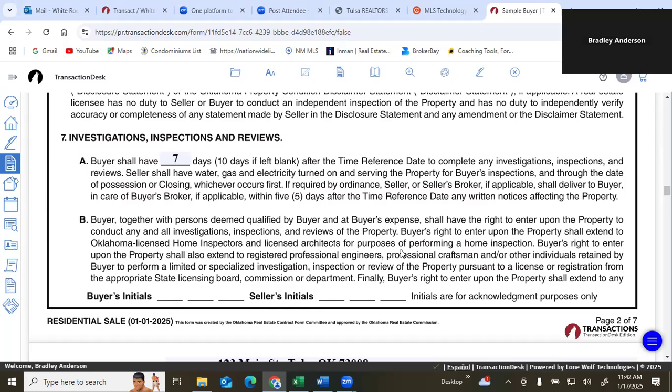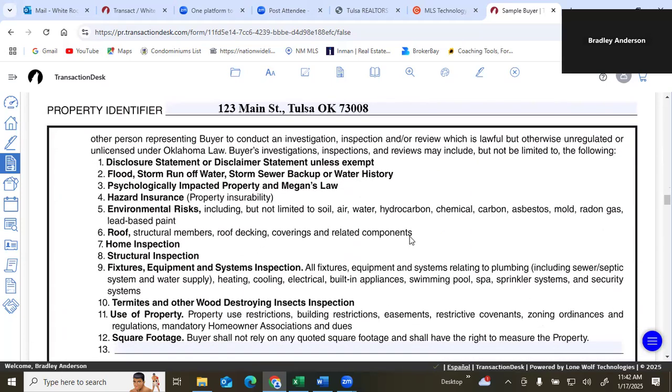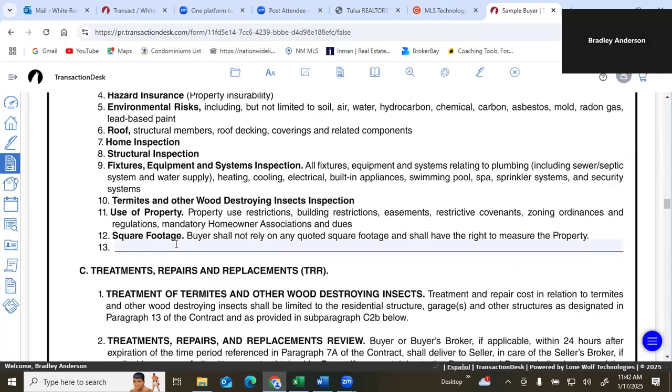It could be a roofer. Anybody that has expertise in rendering an opinion about the property. All right. And these are the examples of who might go in there. And you can certainly put other in here too.